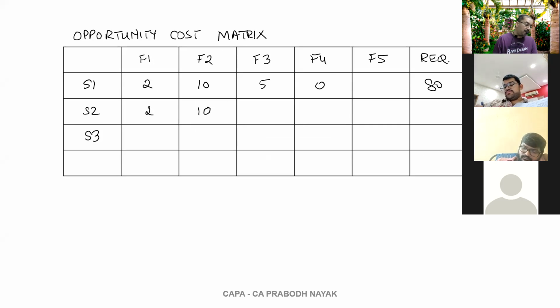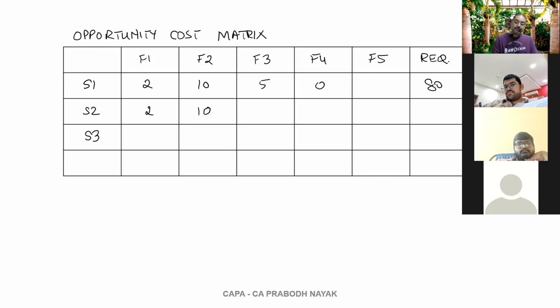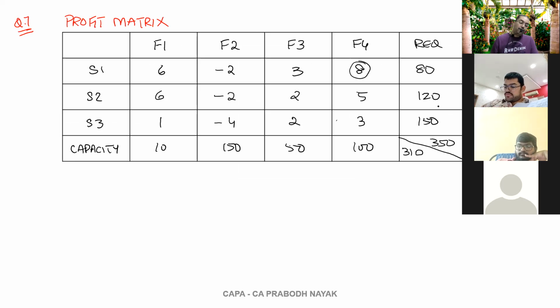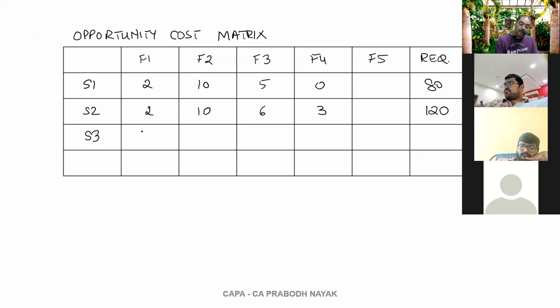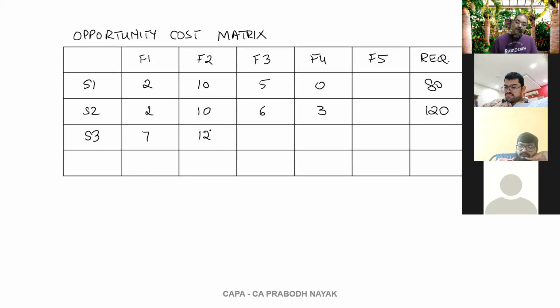This and this will be same. 8 minus 2 is 6 and 8 minus 5 is 3. 8 minus 1 is 7. 8 plus 4 is 12. 7 and 12. 8 minus 2 is 6. 8 minus 3 is 5. 6 and 5.